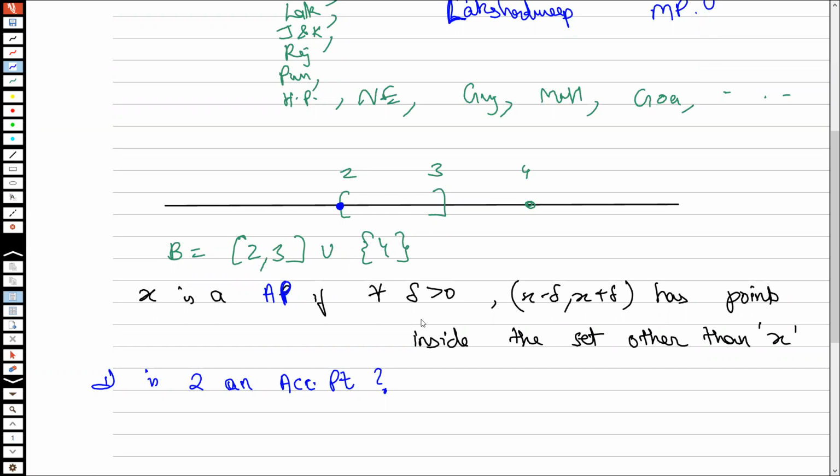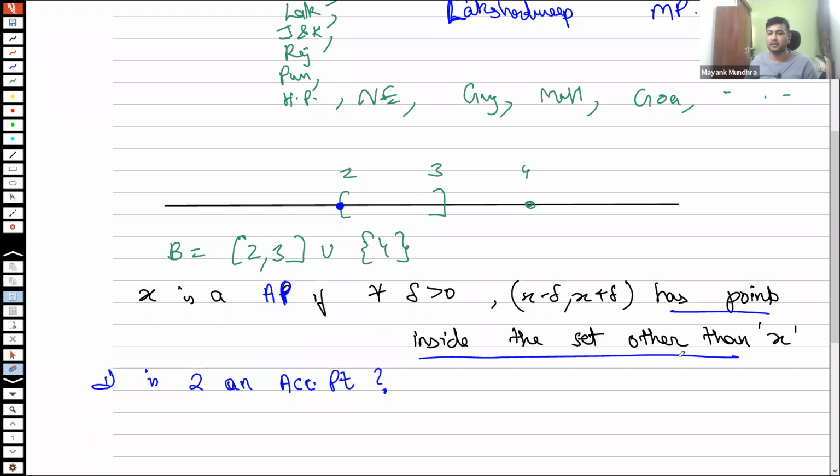Oh no, sir. Why no? Because if I construct X minus delta, 2 minus delta will not lie in that. Okay, no, it says that it should have points inside the set other than X. It does not say that all points need to be inside the set. So if I construct any neighborhood, these points to the right are going to be inside the set.